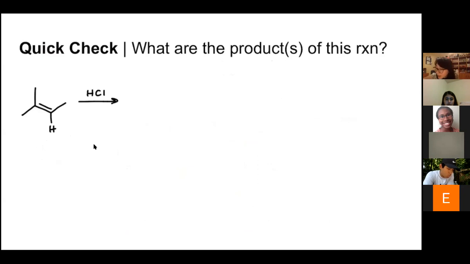I'm going to do a little quick check. What are the products of this reaction? So again, alkene with an HX. In this case, the X is just going to be the chlorine. And so I'm going to go ahead and draw.